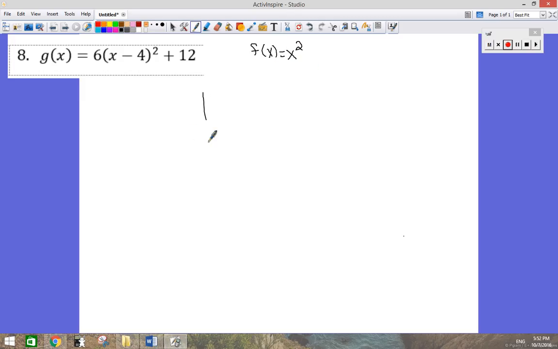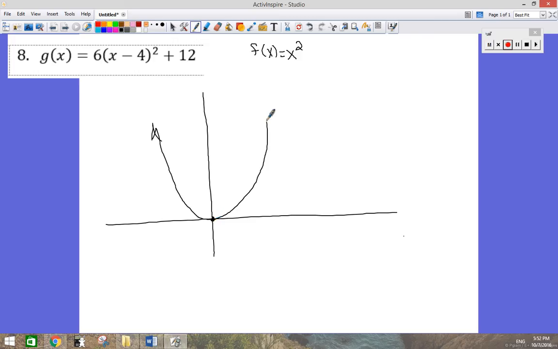I know x squared, if I sketch it, has its vertex at the origin, opens upward, and looks something like this. The minus 4 is a shift to the right 4 units, so if this is x equals 4, my vertex will now be there, and it's shifted like this.